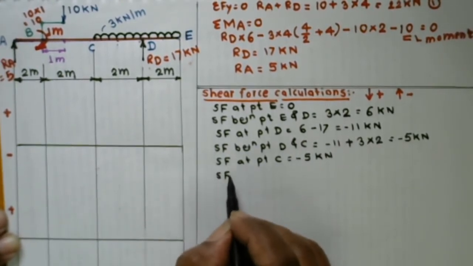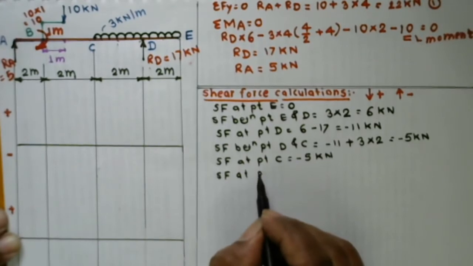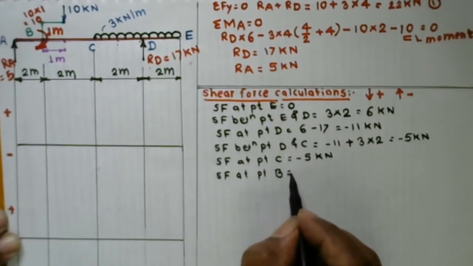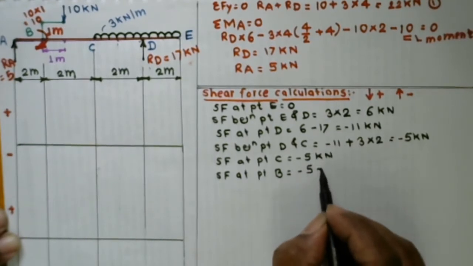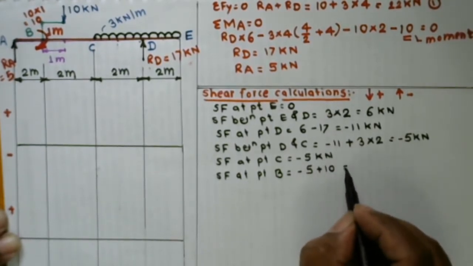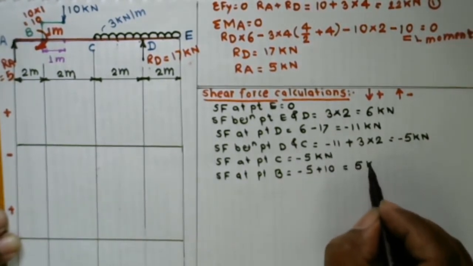Now the shear force at point B: the 10 kilonewton force is acting downward, so minus 5 plus 10 becomes 5 kilonewton.